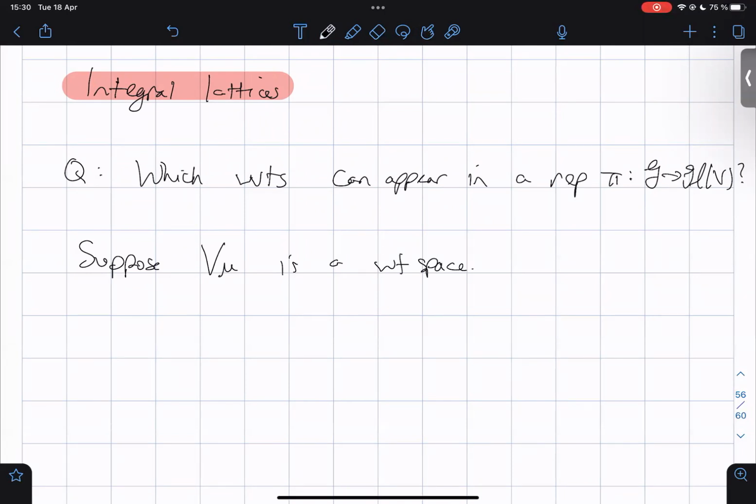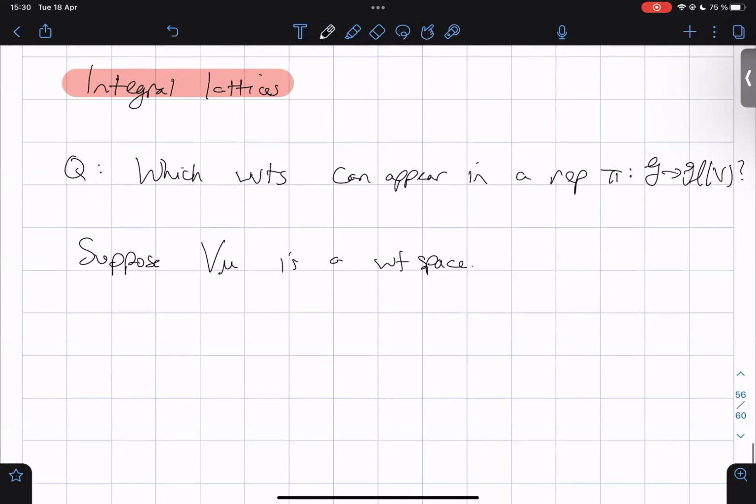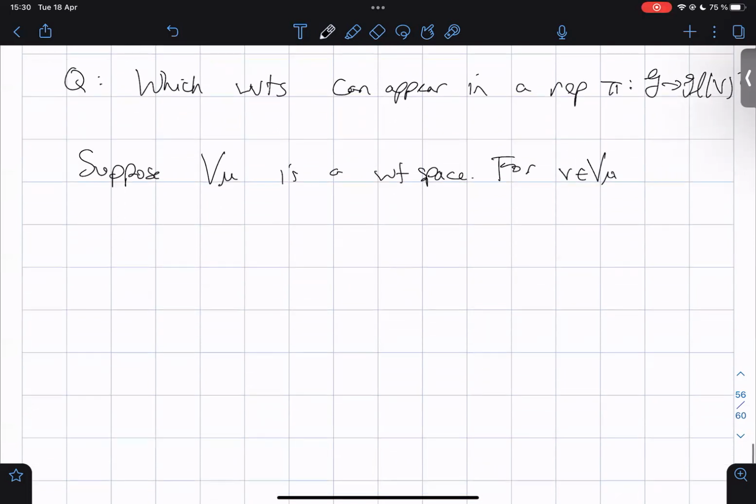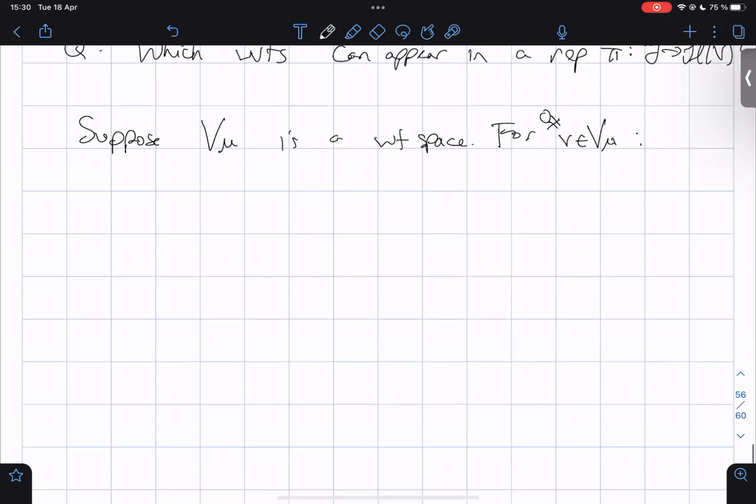Are there any restrictions on mu? Let's take a non-zero weight vector. What we're going to do is take one of these H's, but of a specific form. Remember, this is an H in a certain SL2 triple. By construction, there was some rescaling involved, right?